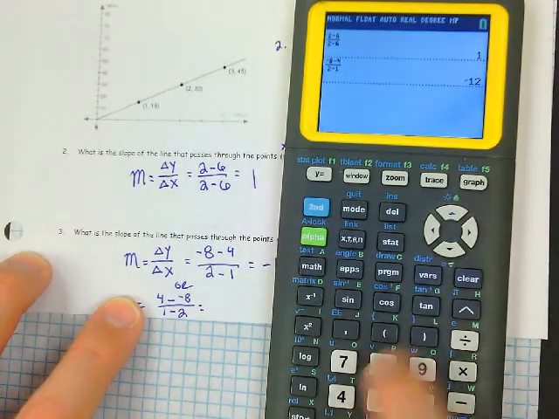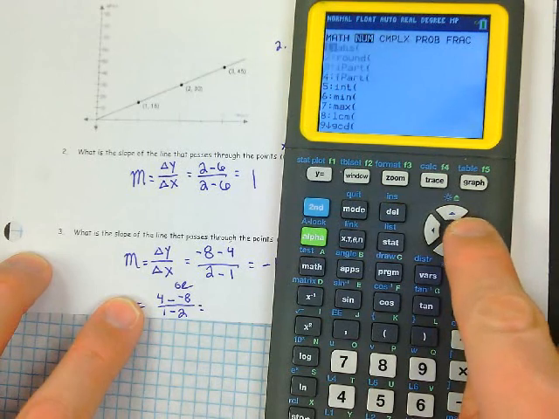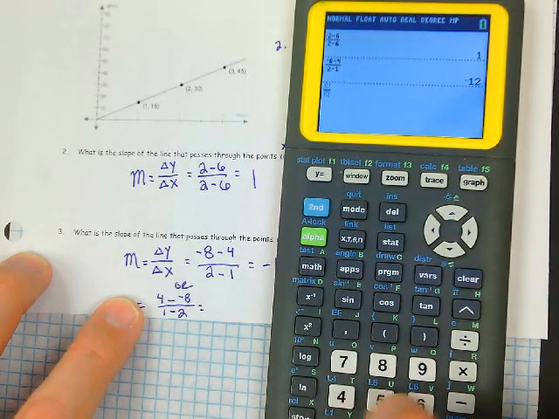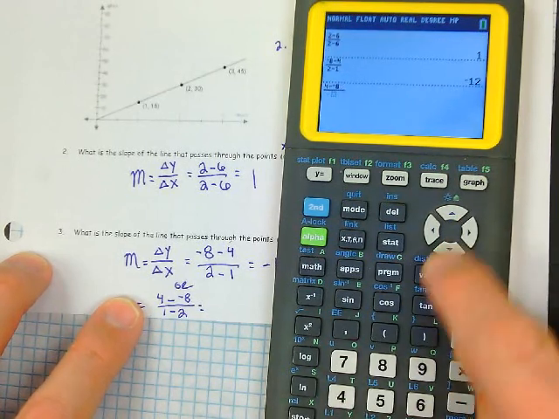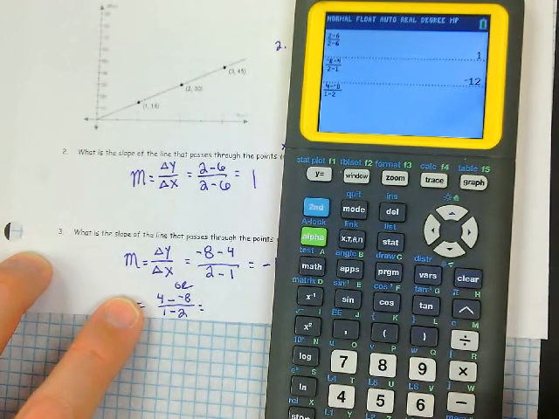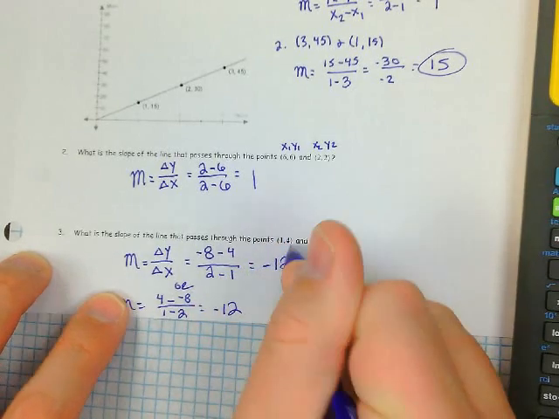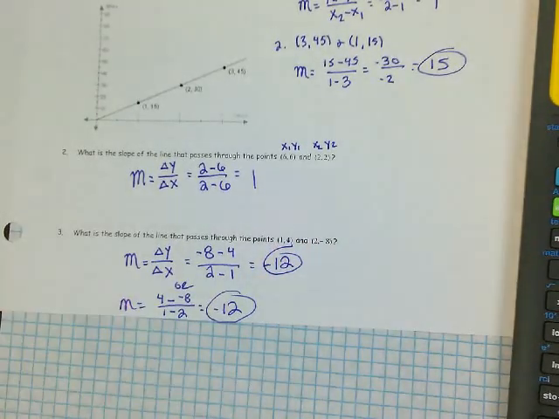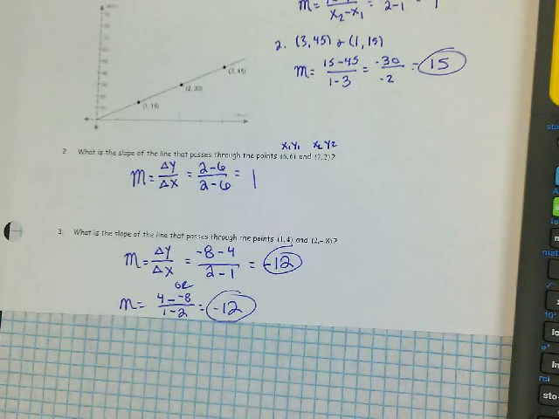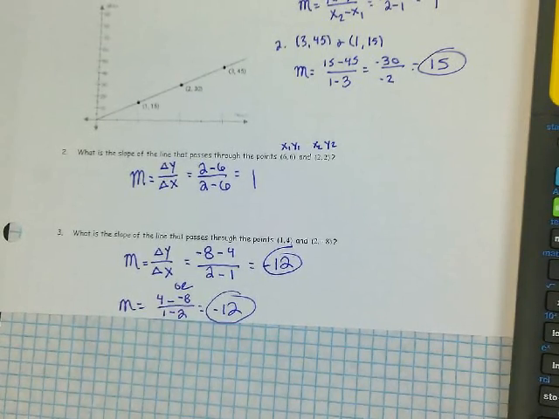Now, do the same thing with the other one. Fraction. 4 minus negative 8 over 1 minus 2. Boom, gives me the same thing. You get the same slope as long as you stay consistent. Okay? Any questions?